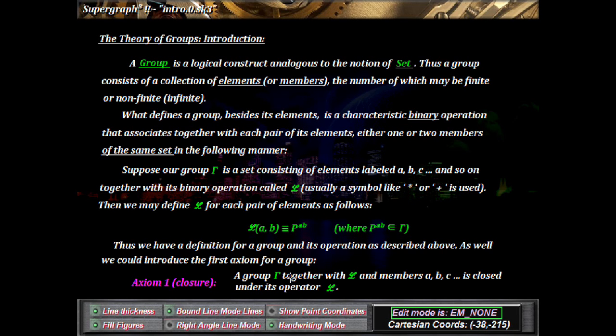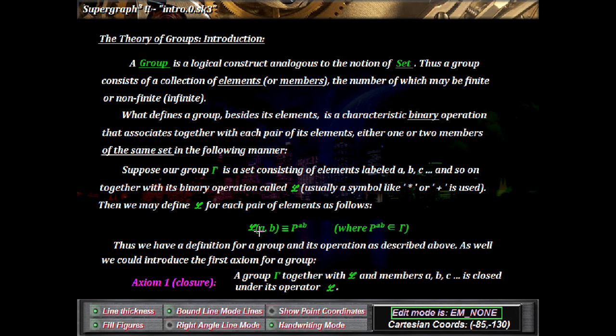A group, gamma, together with operation L and members A, B, C, etc., is closed under its operator L. And that has this meaning, that this side has to be an element of the group.